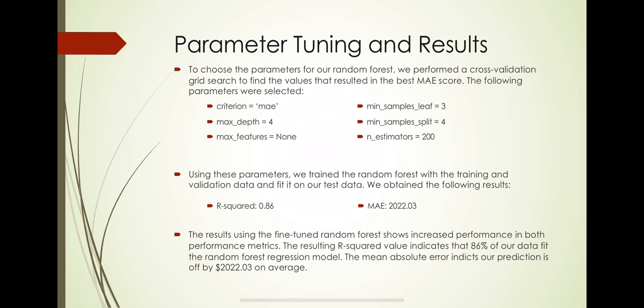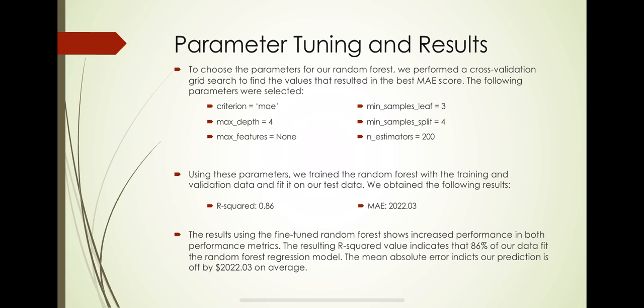The results we obtained were an R squared score of 0.86 and an MAE score of 2022.03. So what does this mean? The fine-tuned random forest shows increased performance on both metrics. It produced a better R squared and a better MAE than previously.